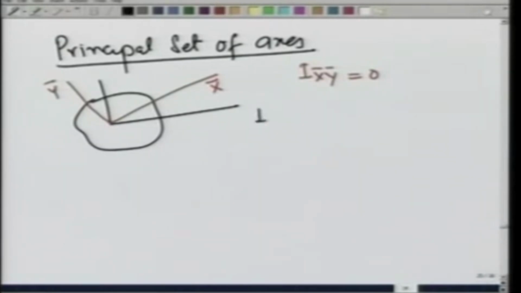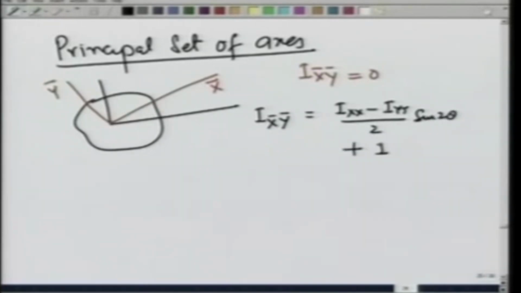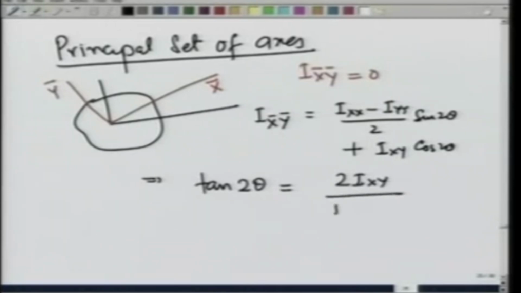Since we already know that I x bar y bar is equal to (Ixx minus Iyy) divided by 2 times sine of 2 theta plus Ixy cosine of 2 theta, this implies that if I rotate the new set of axes such that tangent 2 theta is equal to 2 Ixy divided by (Iyy minus Ixx), I will get new I x bar y bar equal to 0.